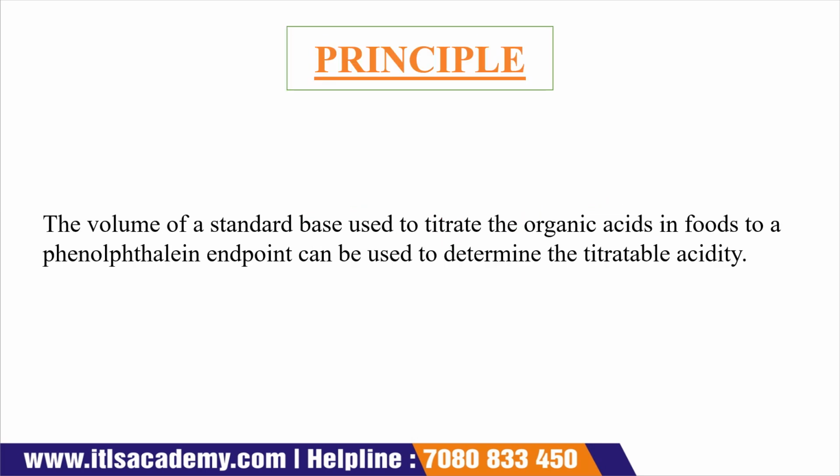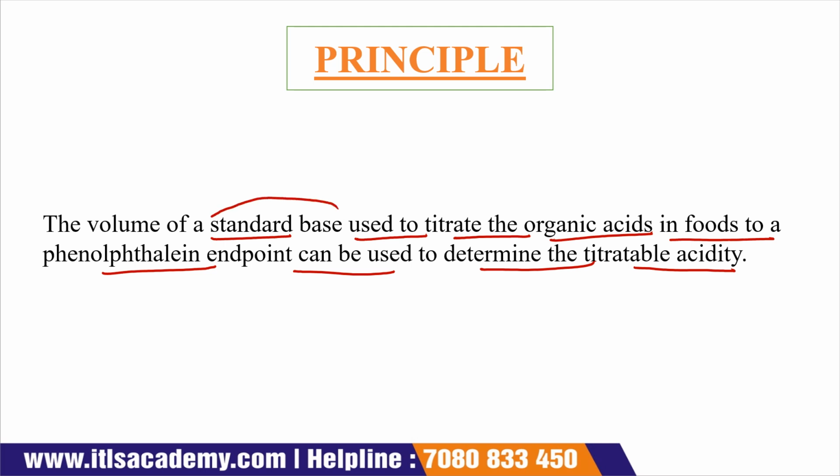Now principle. The volume of standard base used to titrate the organic acid in food to a phenolphthalein endpoint can be used to determine the titratable acidity. Here, the principle of this experiment is the volume of standard base which is used to titrate the particular organic acid present in a food. Suppose this is our food sample, and in this food sample there is some organic acid present.